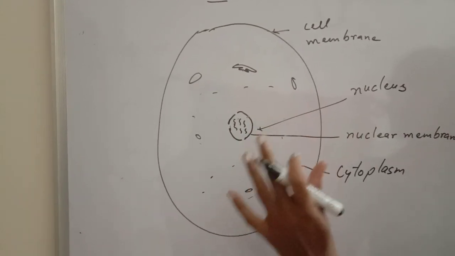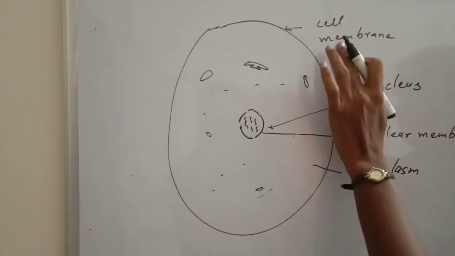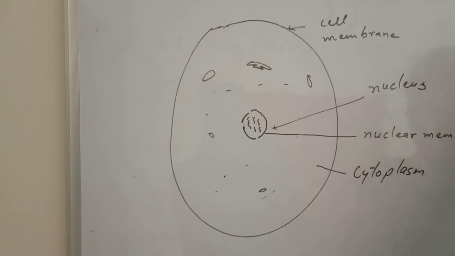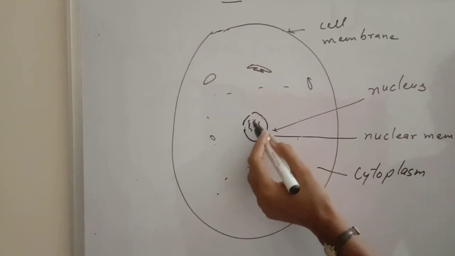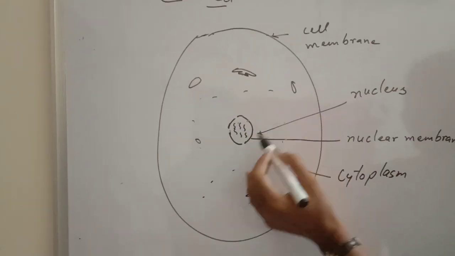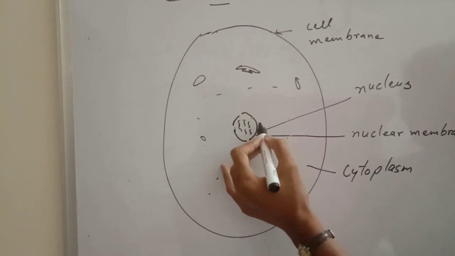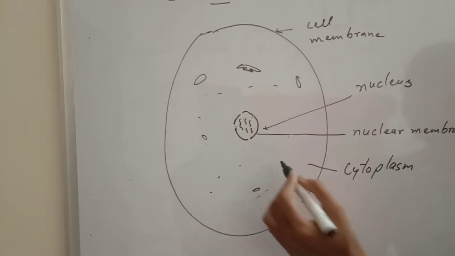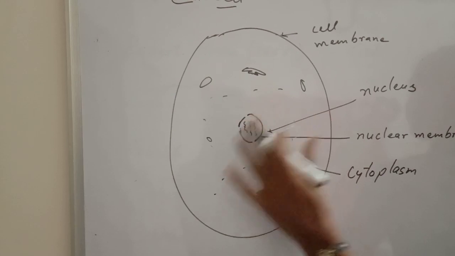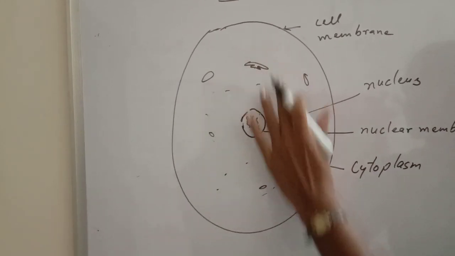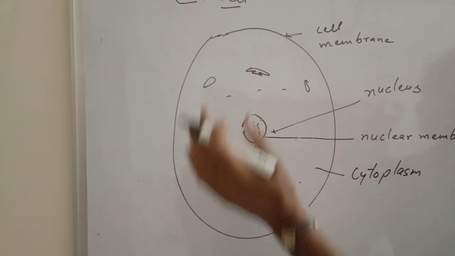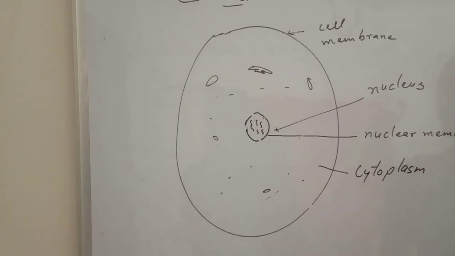So in this session, we have learned about the cell membrane, in plants the cell wall and cell membrane, next the nucleus, then the nuclear membrane and cytoplasm. Cytoplasm is a fluid in which the organelles are present. So next time we will talk about the organelles of the cell.